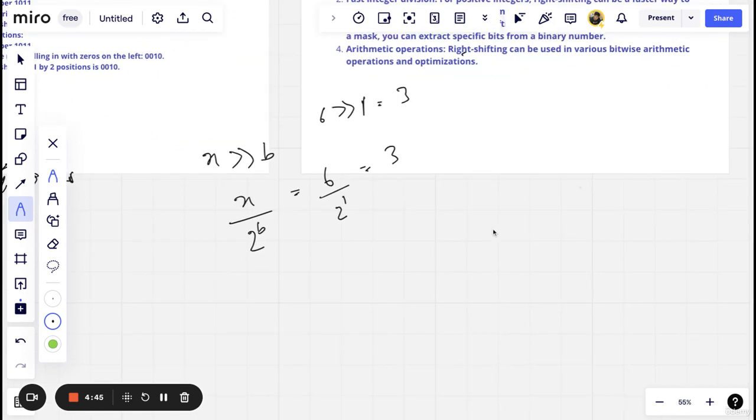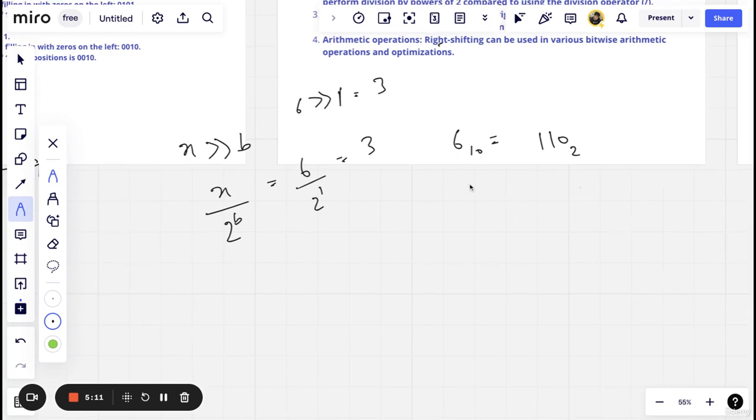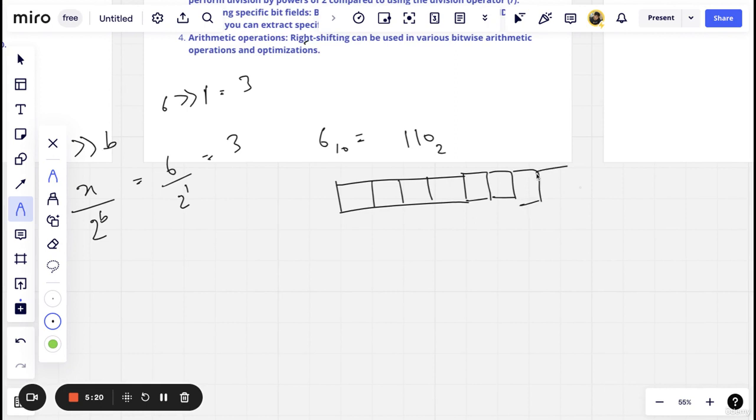And let us see how. So what is 6 in binary? We have discussed in previous videos what is 6 in binary. It is simply 110. So when we do a right shift by 1, let us make a box. 1, 2, 3, 4, 5, 6, 7, 8. 0, 1, 1, and let us fill the rest with 0.